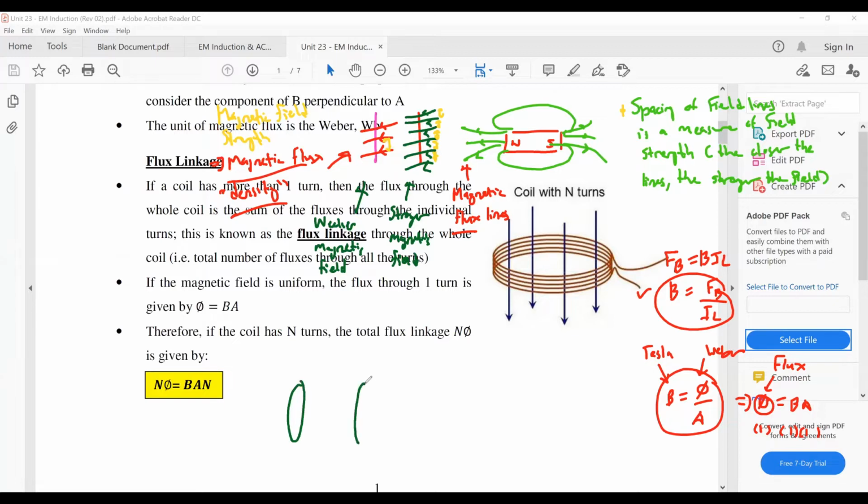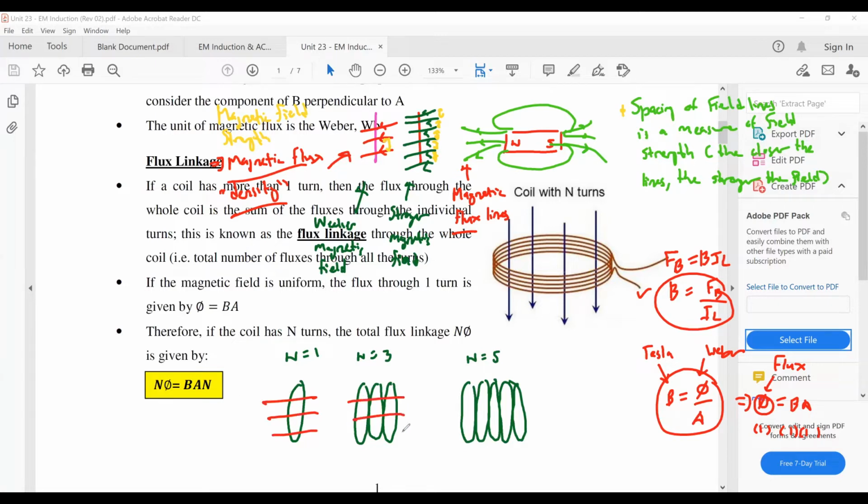Say you have a coil with 1 turn, a coil with 3 turns, and a coil with 5 turns. And then I tell you you have magnetic flux, say 3, that goes through like this.